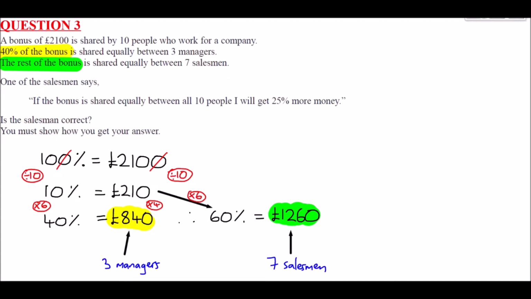So, because it's being shared between 7, we can say that each salesman will get 1260 divided by 7. So let's see what that gives us.